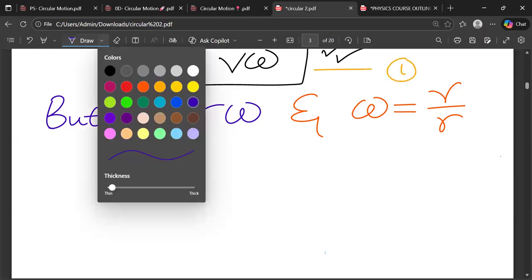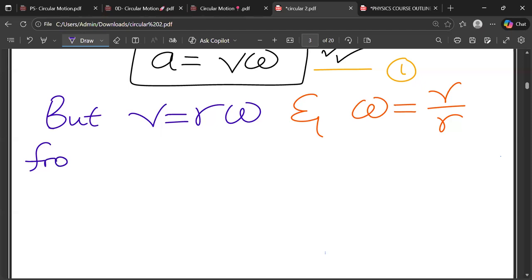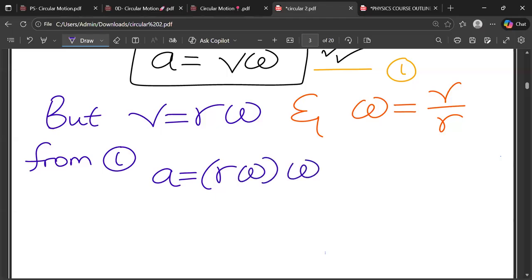Yes, very okay. So from equation 1, I will have my A, then I remove v, I put r omega, then omega. You get the point? So what will be the formula? The formula will be r omega squared.